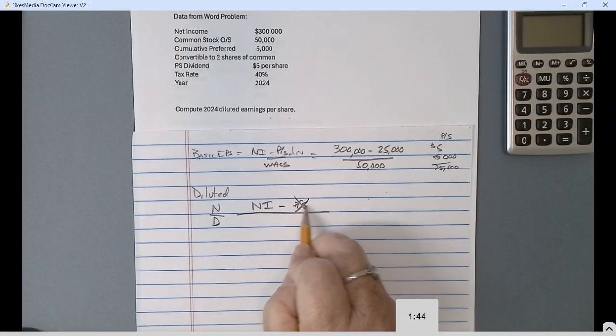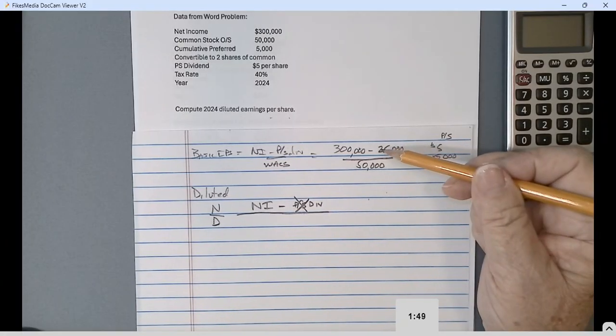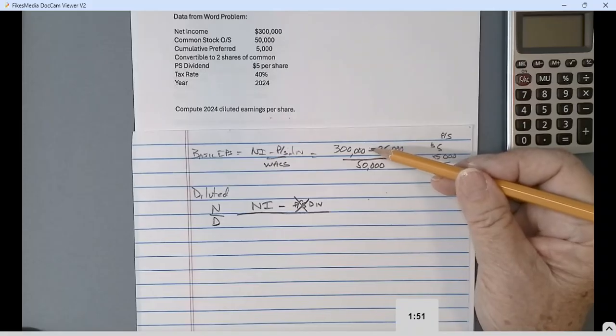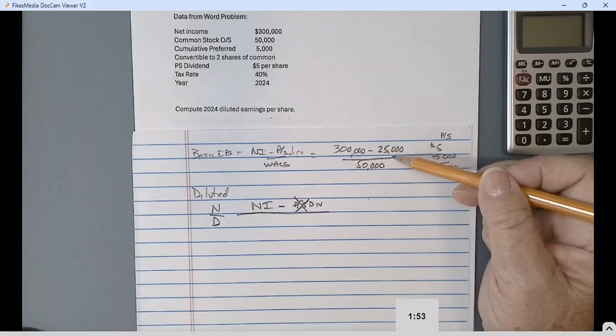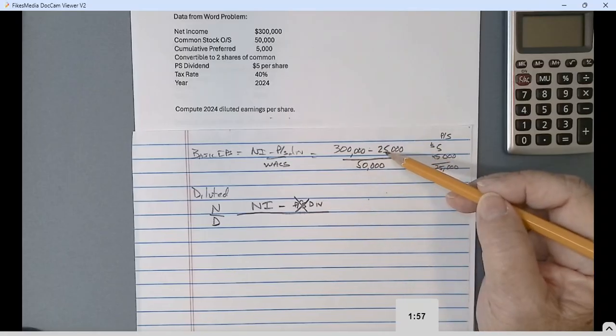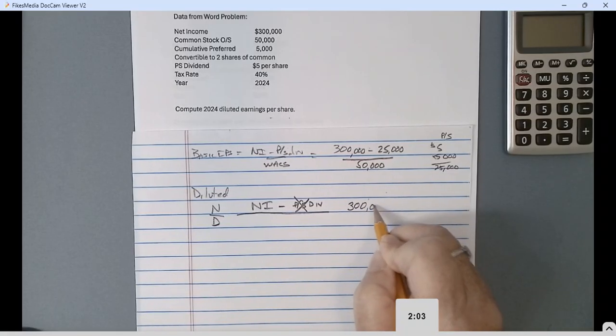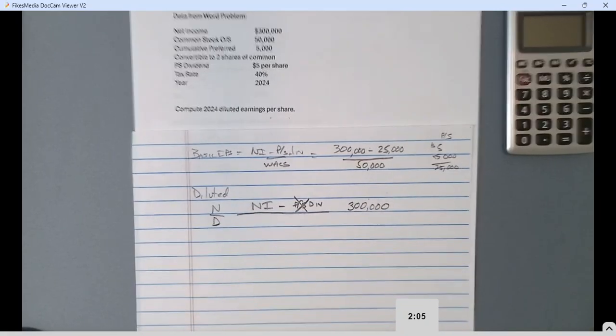So the preferred stock dividend is crossed out. If you had a result of 275, you would have to add the 25,000 to it. You're going to have only the net income without any of the preferred stock dividends. So we're going to have 300,000. So we eliminate the preferred stock.